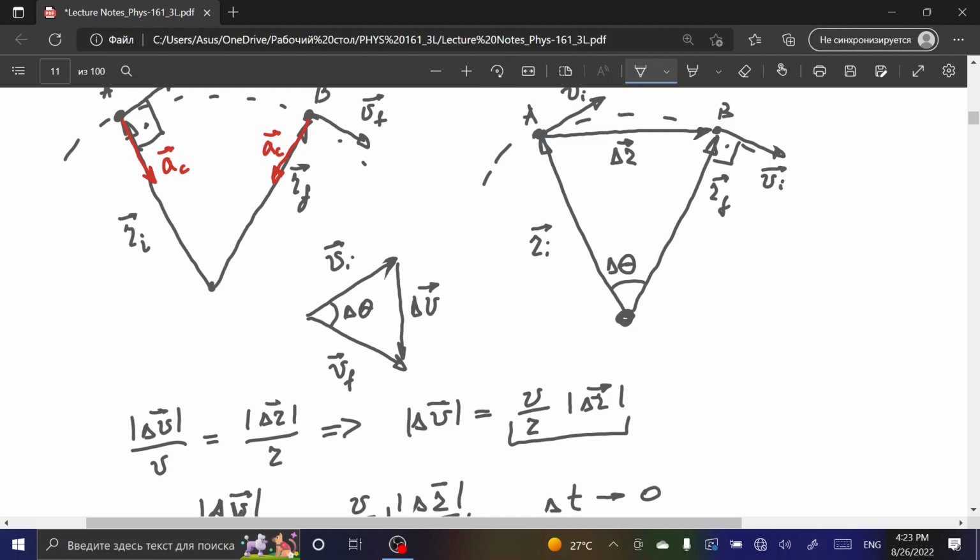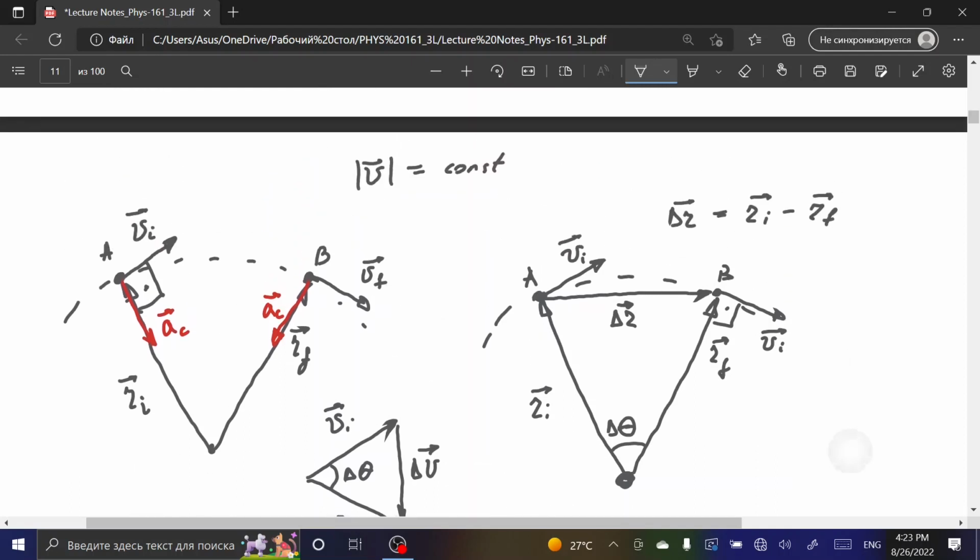centripetal acceleration. So here we have our initial velocity vector. If the change of linear velocity vector is perpendicular to the initial velocity vector, then this orientation will be along the radius vector r initial, which is always perpendicular to the linear velocity vector, and it will be pointed towards the center.